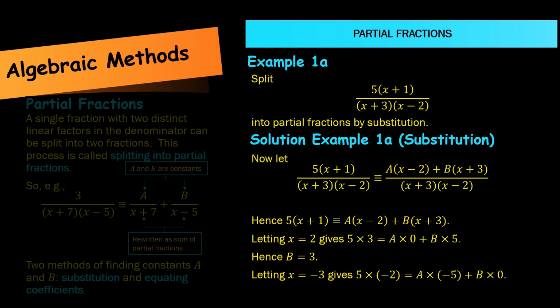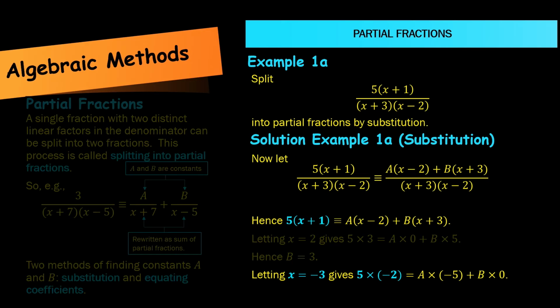Now if we let x equal minus 3, we have 5 times minus 2 on the left-hand side, and a times minus 5 on the right, plus b times 0. And of course, this is why we put x equal to minus 3, so that we could get rid of the b and find a.